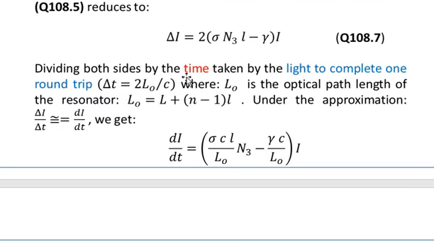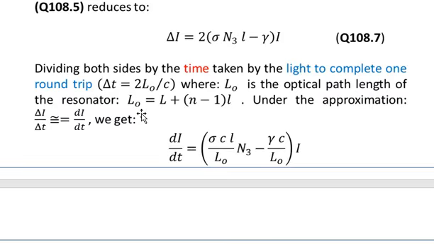Dividing both sides by the time taken by the light to complete one round trip, which is delta t, and delta t is equal to 2L naught over C, where L naught is the optical path length of the resonator, the total length of the cavity.